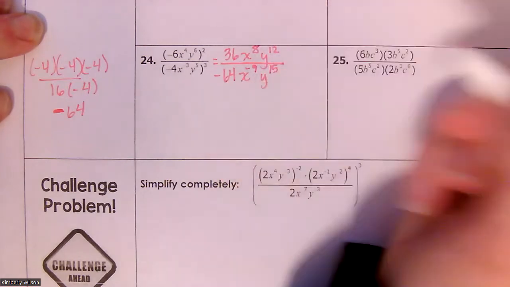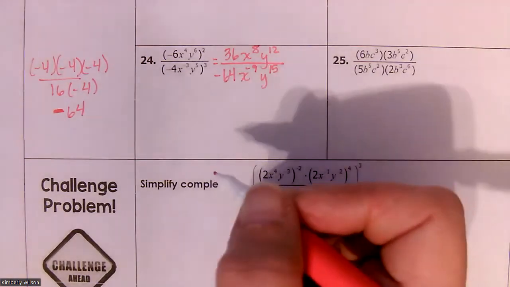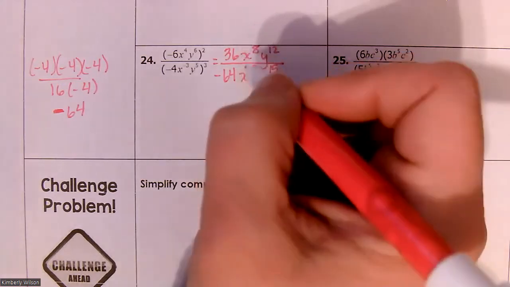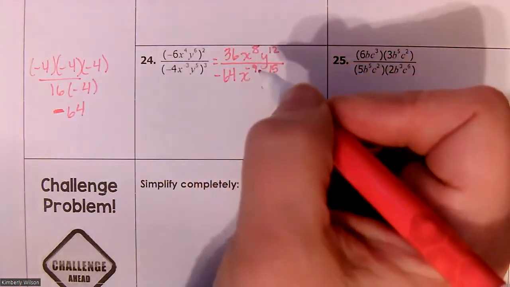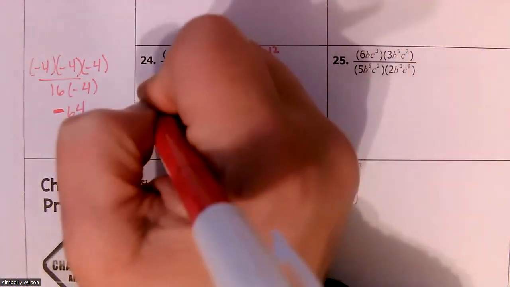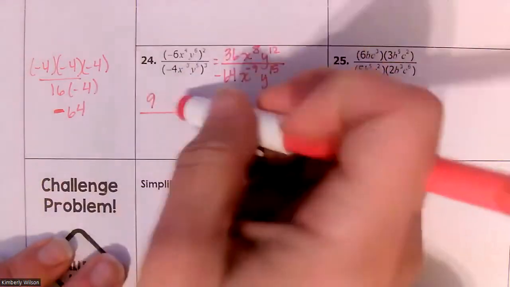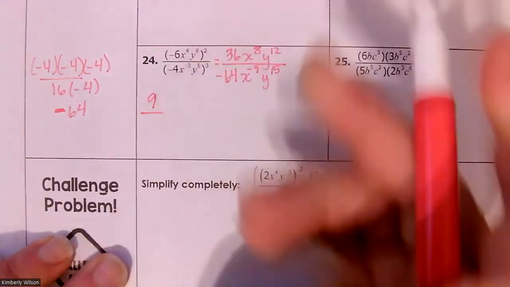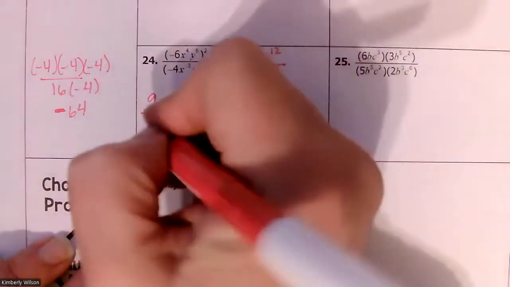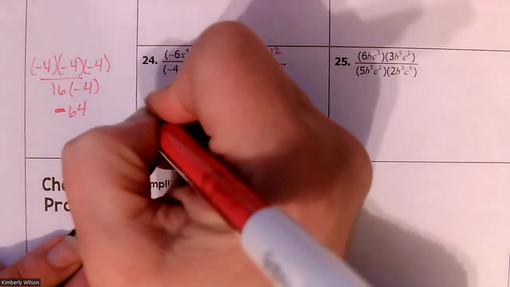y to the 15th. Okay, so now we simplify and we use our quotient rule. So 36 and 64 are both divisible by 4. So this is going to become 9 over 16, but that's a negative.